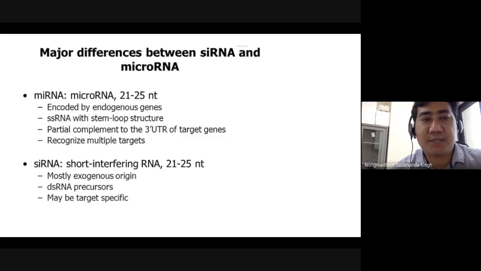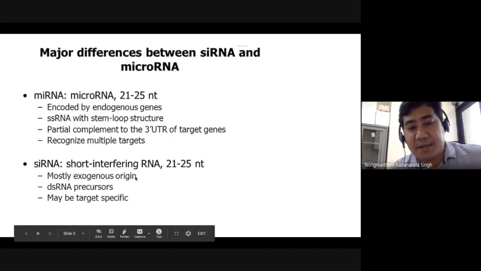The difference is that microRNAs are encoded in the endogenous genes of the genome, but siRNA is generally virus encoded, repetitive element encoded, or originated from transposons. So generally you can get single-stranded RNA again from the stem loop structure.